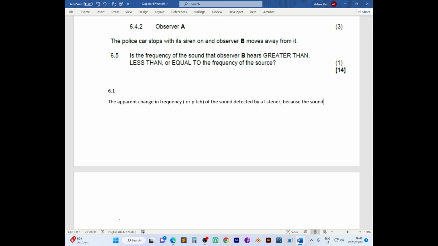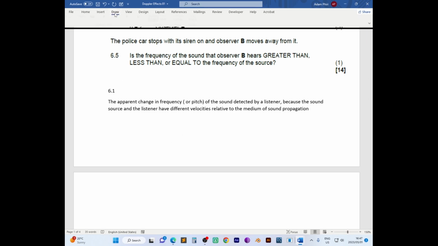The listener is the observer, because the sound source and the listener have different velocities relative to the medium of sound propagation.